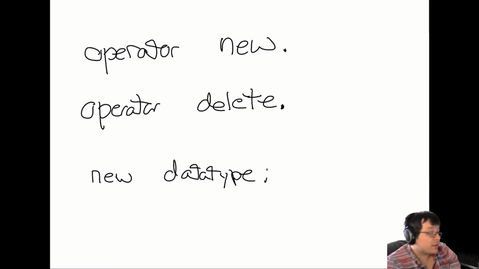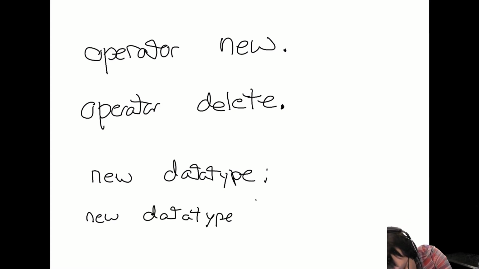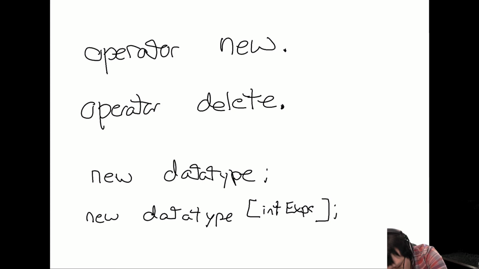And that's going to be for a single dynamically allocated variable. However, if you wish to create a dynamically allocated array of variables, then you can go ahead and put this integer expression in here, which is just like an array, you know, like A5 or something, okay?